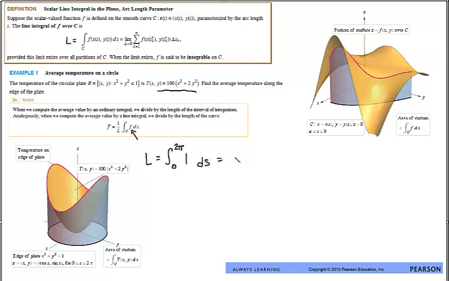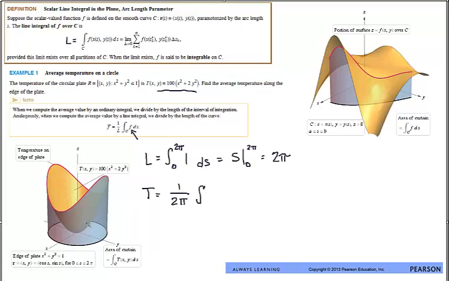Integrating this, I get just a plain old s, evaluated from 0 to 2 pi, so I get 2 pi for this line integral. I know that my average temperature is going to be 1 over 2 pi, which is that line integral.